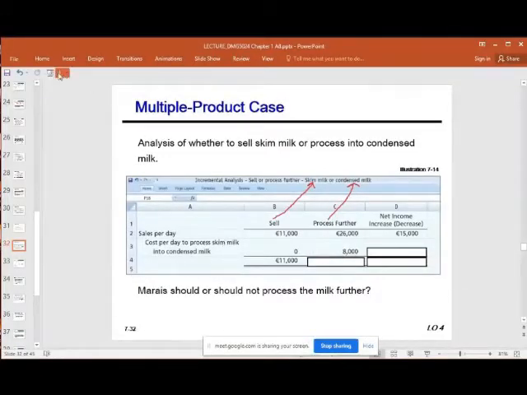Since this is cost, for cost, the cost increased, so net income decreases. So you have a negative figure here, which is negative 8,000.